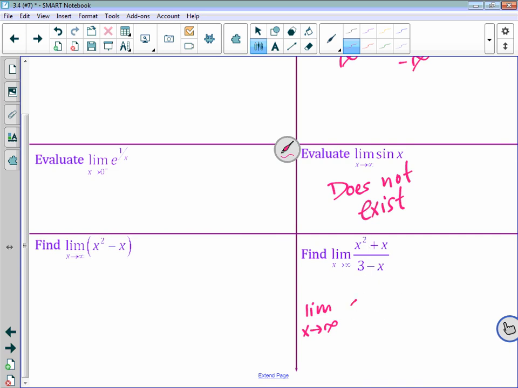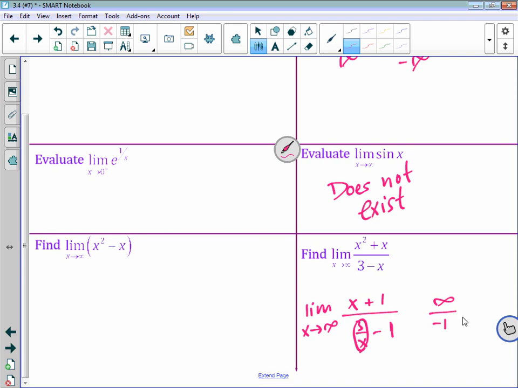So what am I actually going to divide everything by? X. So this would turn into x plus 1 over 3 over x minus 1. Does that look right? So then this goes to 0 here. So the denominator is just -1. And what happens in the numerator? Infinity. So here's a spot where you would write negative infinity.